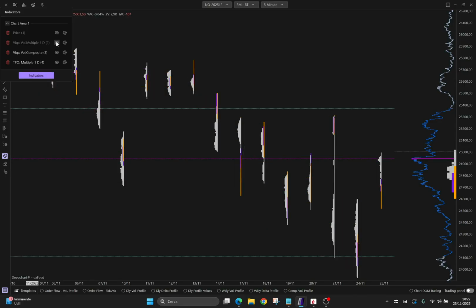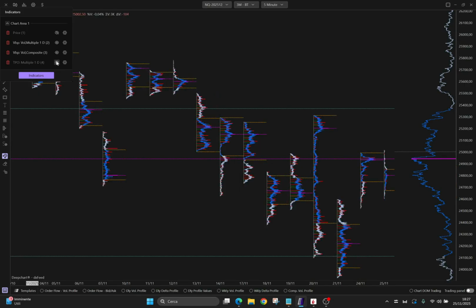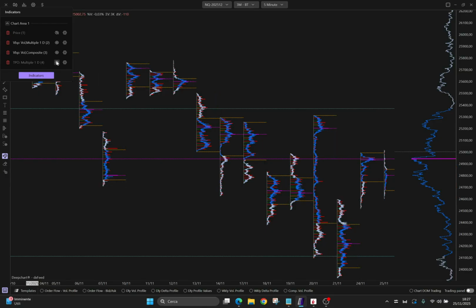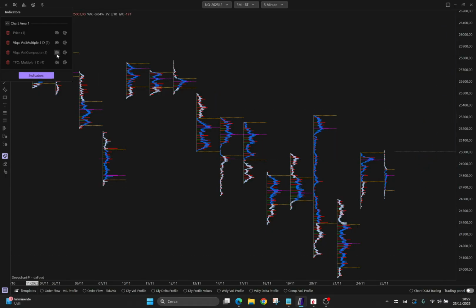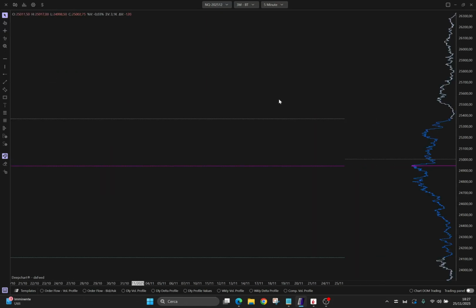You have the volume profile, you can activate, deactivate, you have the TPO, okay, time price opportunity. So you have the distribution of the price, the time the price spent, and the volume of the price. So for example, if we go like this, and we remove this one, we have the composite. What is the composite? Let me explain for you.